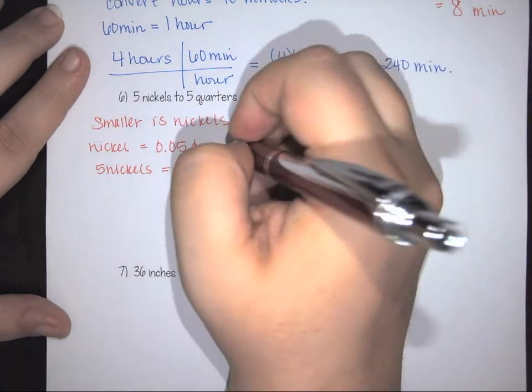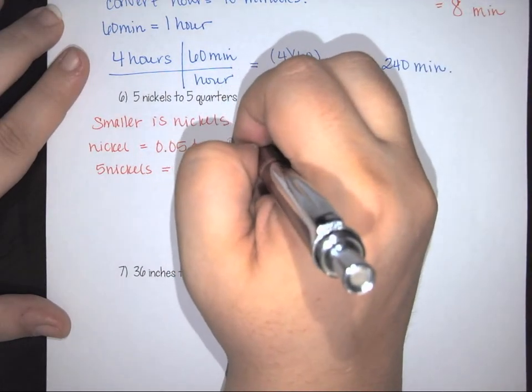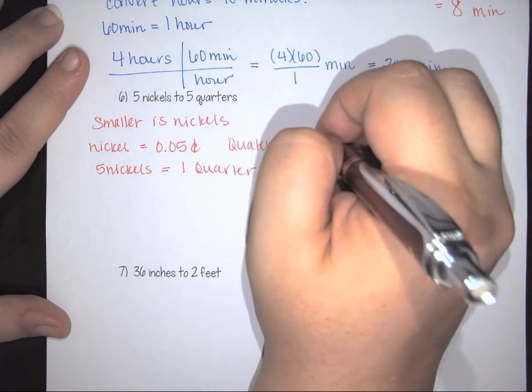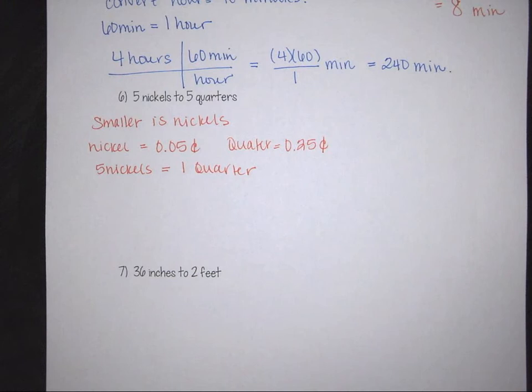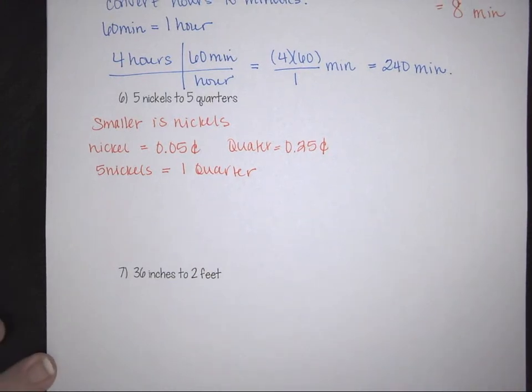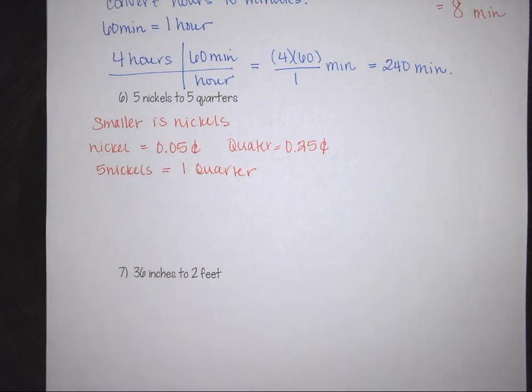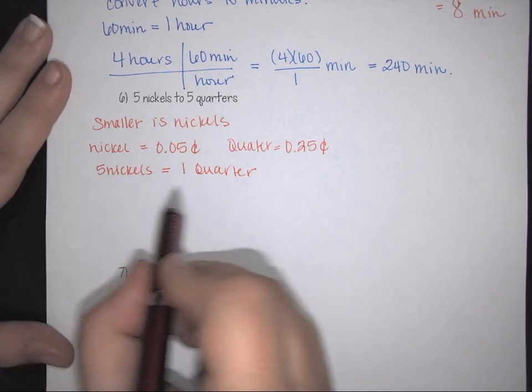Now the reason I know that is because I know that a quarter is 25 cents. So your elementary math skills should kick in. So we know that if you count up by 5 cents, you end up with 5. So this is the conversion factor that we have.